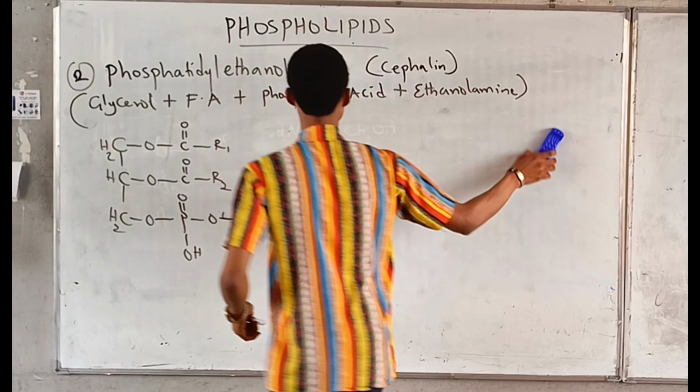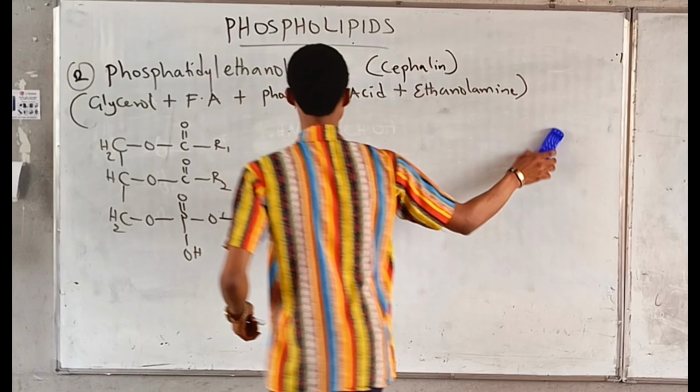Phosphoric acid, plus a base, right? Good. So fatty acid, glycerol, phosphoric acid, and a base. Now, the examples of glycerophospholipids, we are going to see them and we are going to know how to draw all of them. The examples of glycerophospholipids are 1.